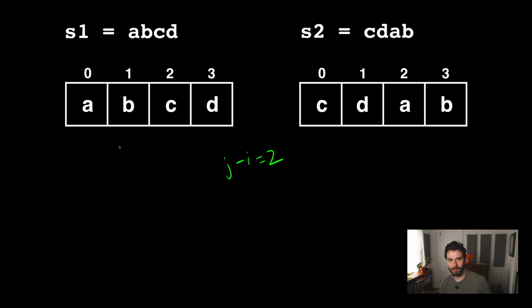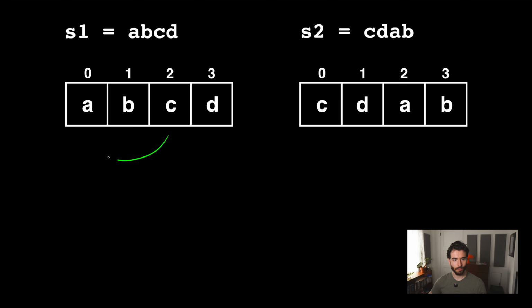And we know that every string we're going to be given has a length of 4. So there's really only two pairs of indices that we can perform swaps on. We can set j to 2 and i to 0, because 2 minus 0 will give us 2. And we can also set j to 3 and i to 1, because 3 minus 1 also equals 2.